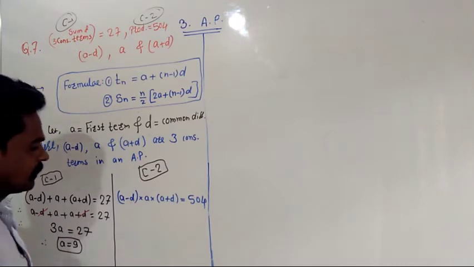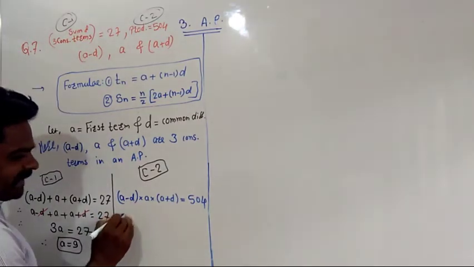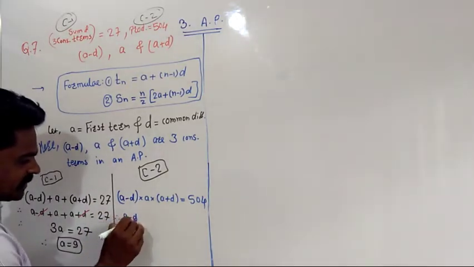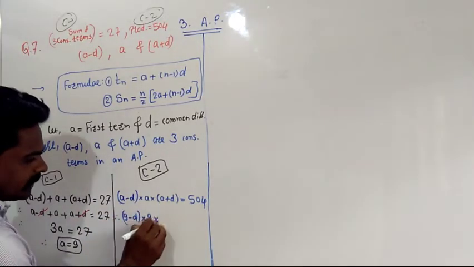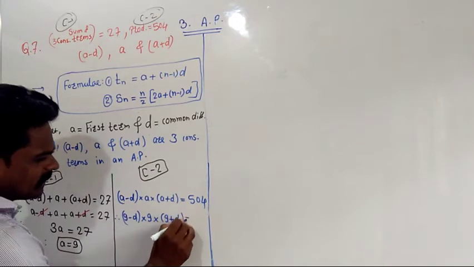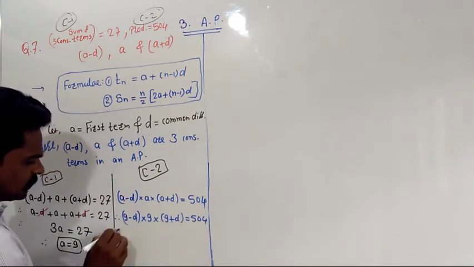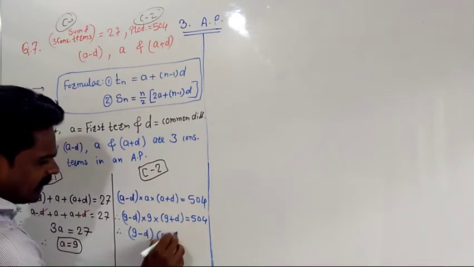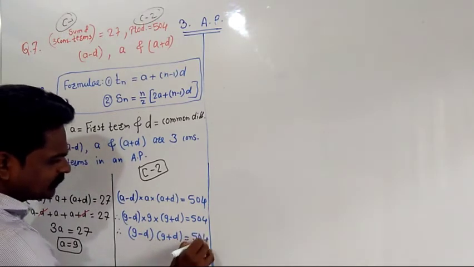No problem. Therefore we can write here, put the value of a is equal to 9: 9 minus d into 9 plus d is equal to 504.